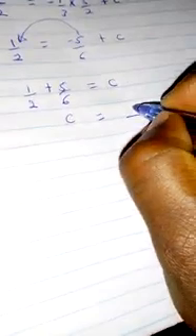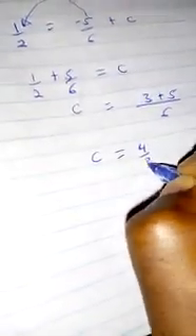Therefore, I have a half plus 5 over 6 giving me c. Because it's a negative, when it crosses the equal sign, it becomes a positive. Looking down, I see 6 is my LCM. So 6 divided by 2 is 3, 3 times 1 is 3. Plus 6 divided by 6 is 1, times 5 is 5, which gives me 8 over 6. Dividing by 2, 4 over 3. Therefore, my c is equal to 4 over 3.